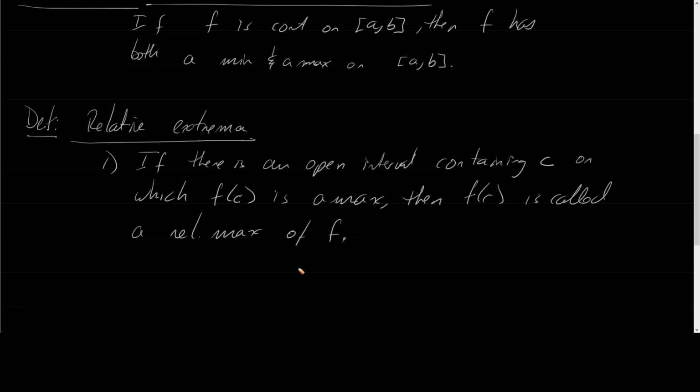So if there's an open interval containing c on which f of c is a max, then f of c is called a relative max of f. We can also say that f has a relative max at that point, the point c, f of c.